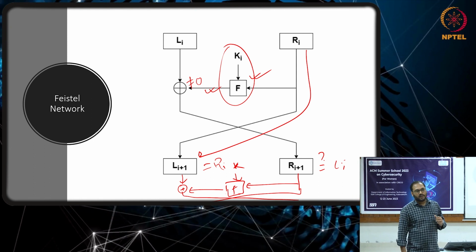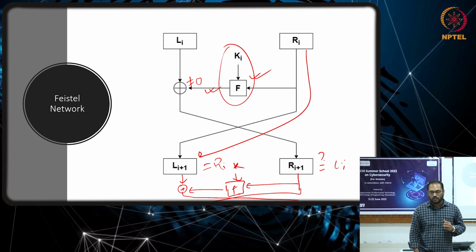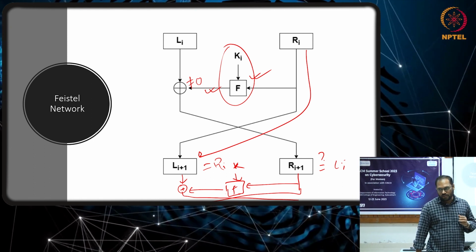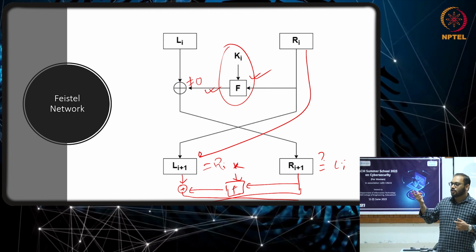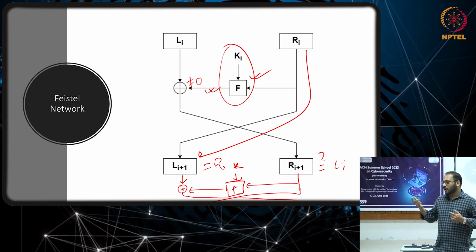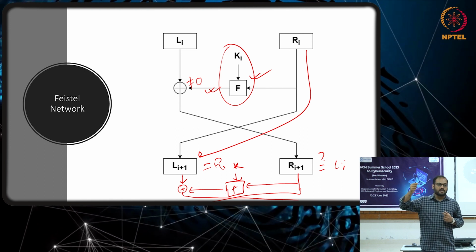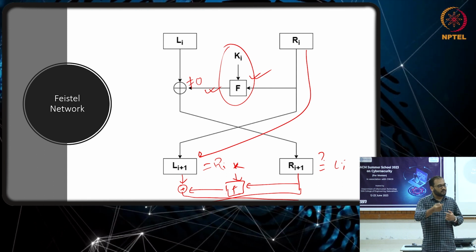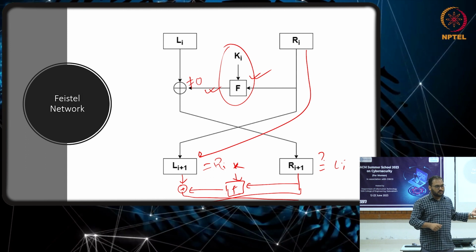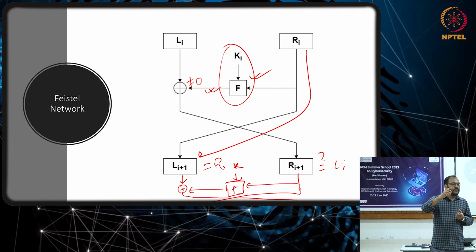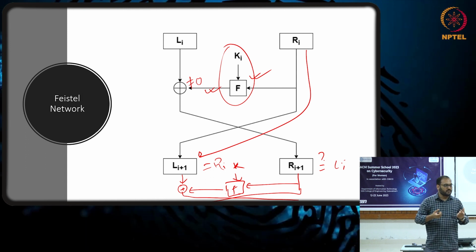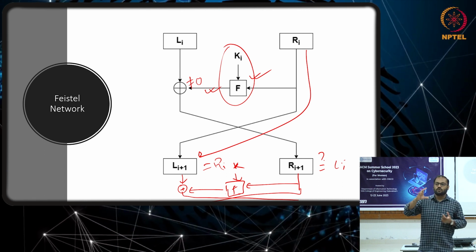L(i+1) or R(i+1)? L(i+1). And L(i+1) was equal to Ri. So finally, the right side of the plain text in the previous round is getting encrypted in this round. So two rounds combined are encrypting half and half of the text. So complete full encryption is happening in two rounds.